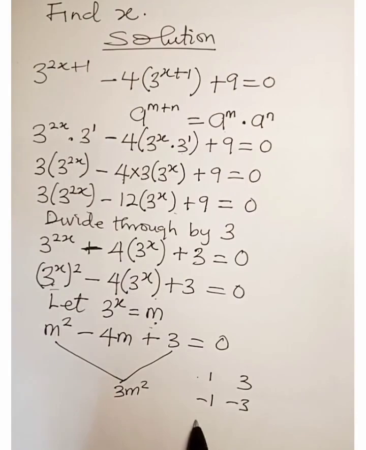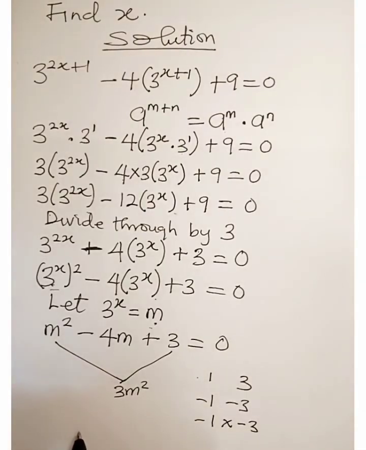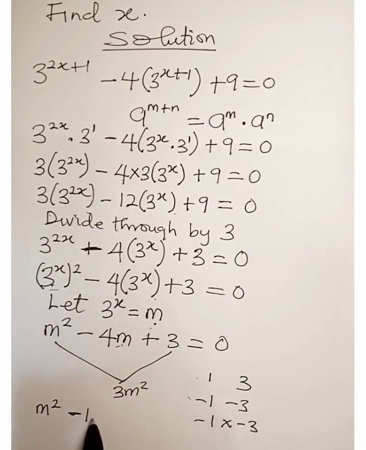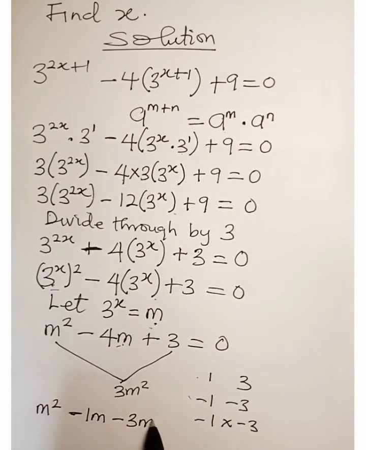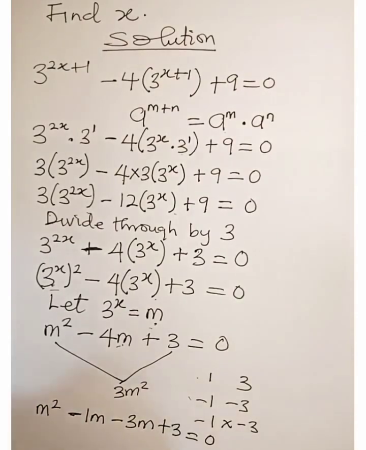Minus 1 times minus 3 will give me positive 3. Then this will be my factor I will use to replace this. So let's input it. We have m squared minus 1m, then we have minus 3m plus 3 equal to 0.